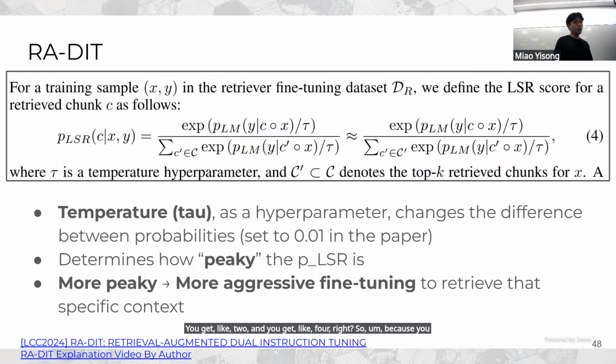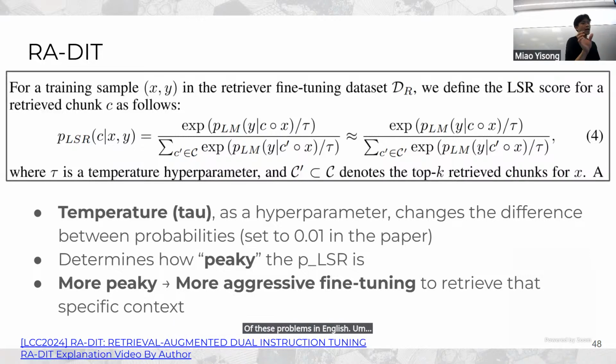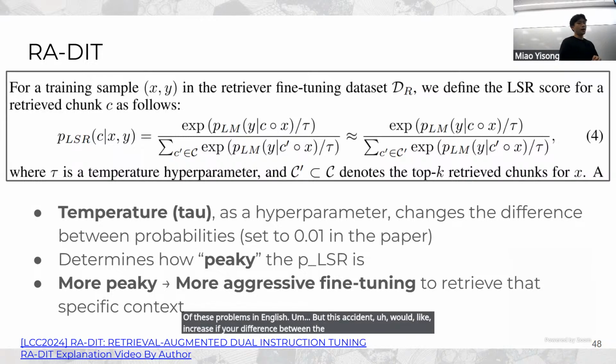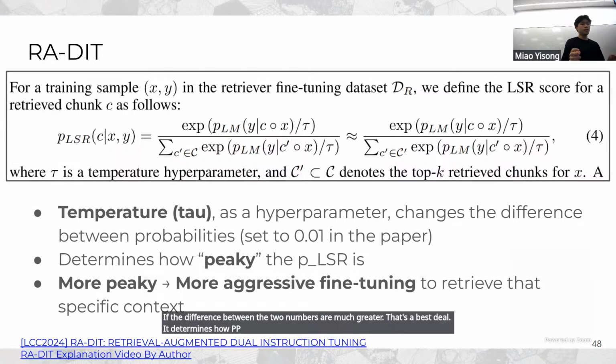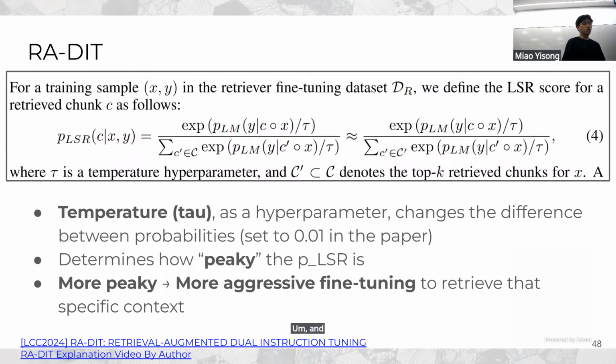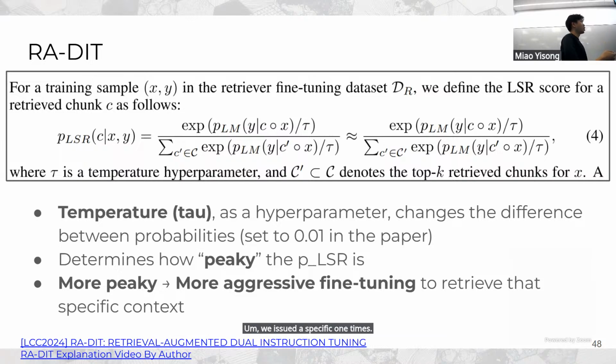Because you are taking the exponent of these probabilities, the normalized exponent will increase if the difference between the two numbers is much greater. So basically, it determines how peaky the probability distribution is, and a more peaky distribution means you can have more aggressive fine tuning to retrieve the specific context.